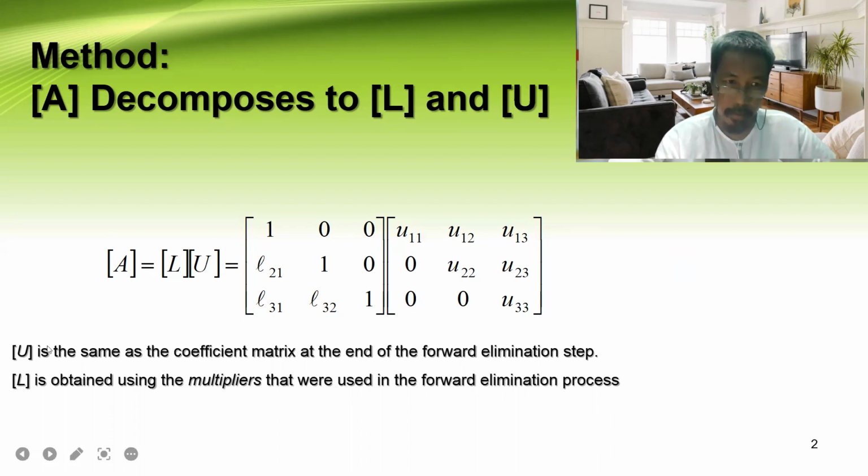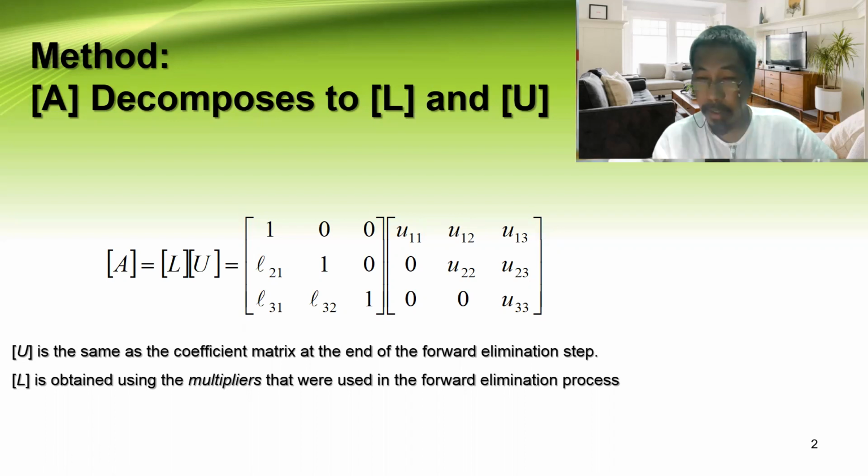So U is the same as the coefficient matrix at the end of the forward elimination step. So using forward elimination, we have the U. Same as in Gaussian elimination, the triangular matrix that we are targeting to find out in our forward elimination process. And L is obtained using the multipliers that were used in the forward elimination process.